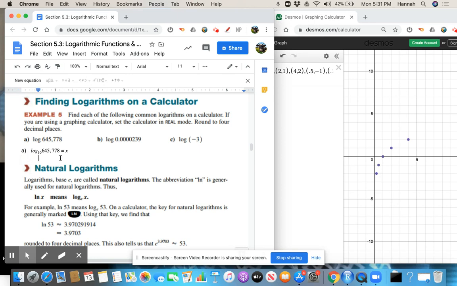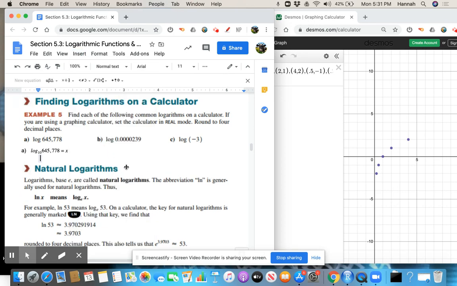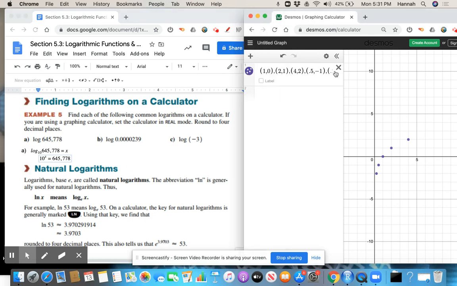Here's the problem now. If I wanted to figure out what this logarithm was equal to, I would convert it to exponential form. It would say 10 to the x equals 645,778. Well, off the top of my head, I have no clue what power of 10 gives me 645,778. So in that case, that's when Desmos comes in handy.